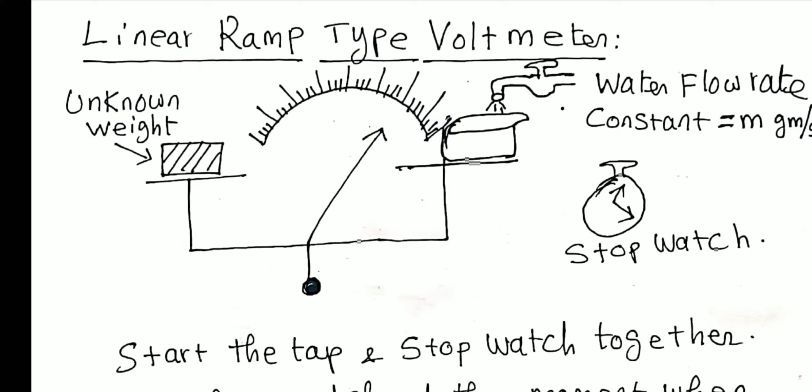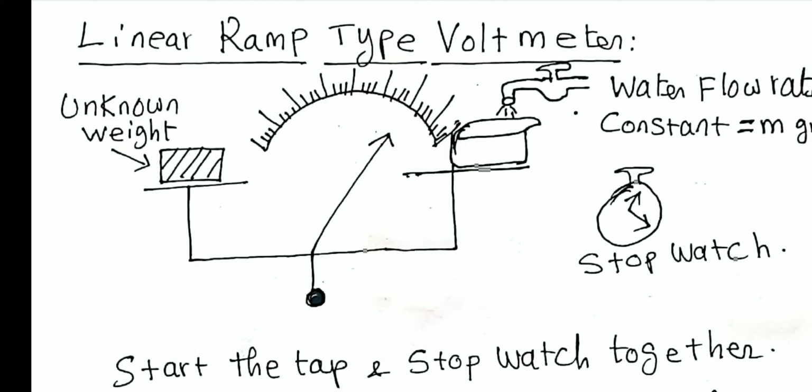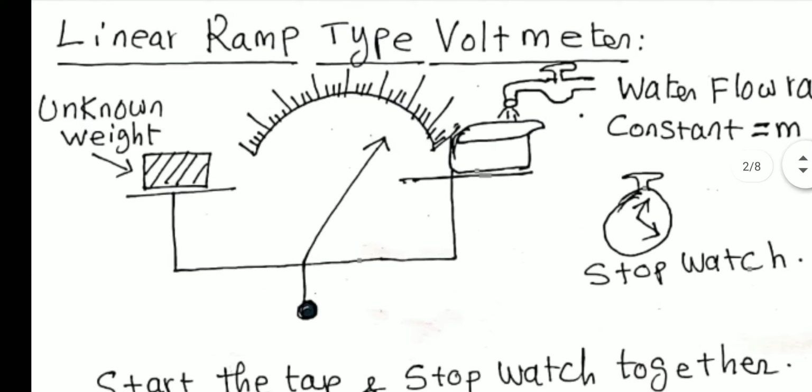This physical balance is basically used to measure an unknown mass, unknown weight. Let the unknown weight be placed on the left pan, and an empty vessel is placed on the right pan, and water is made to flow into the empty vessel.